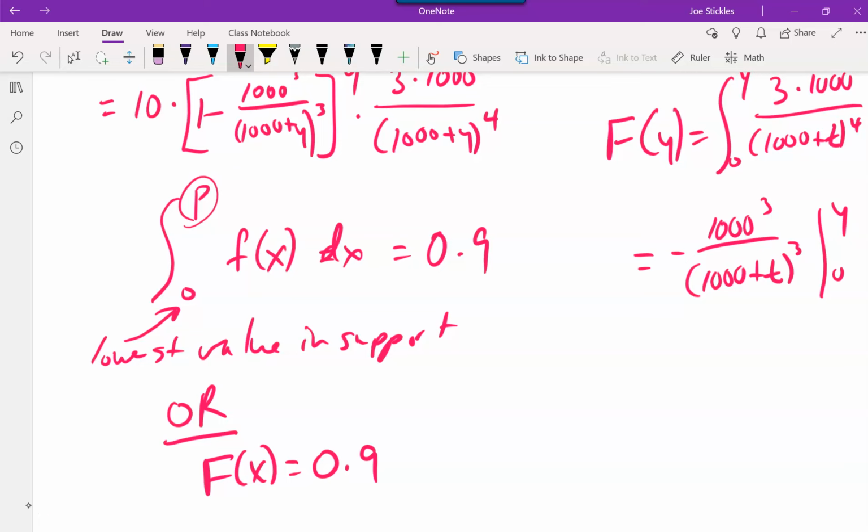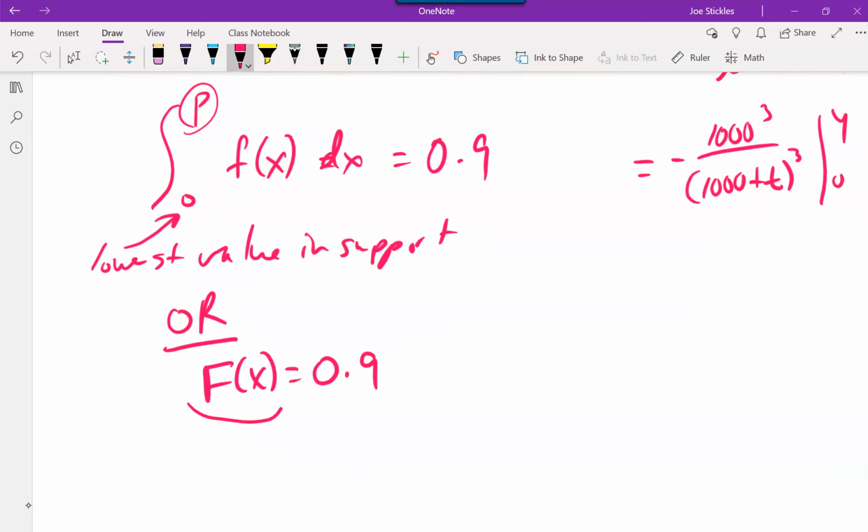Okay? So for our purposes, what are we doing? If I want to use this part, I need the CDF of what? It wants the 90th percentile of the y, right? So what was our CDF for y in this case then?